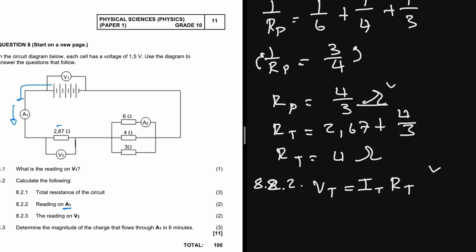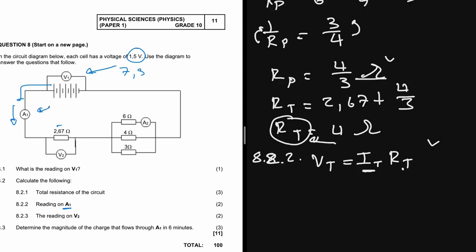This is what we call Ohm's law. So remember, we have the voltage of the battery, which was 7.5 when you multiply each cell. So now we have already calculated the total resistance. Therefore, we can easily calculate the total current, which is the current in A1.